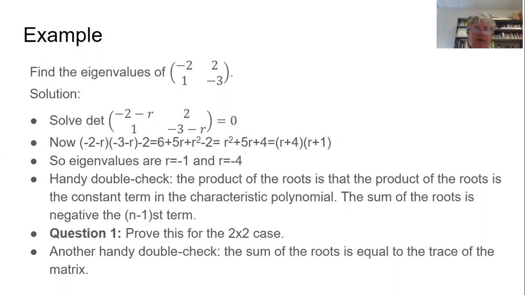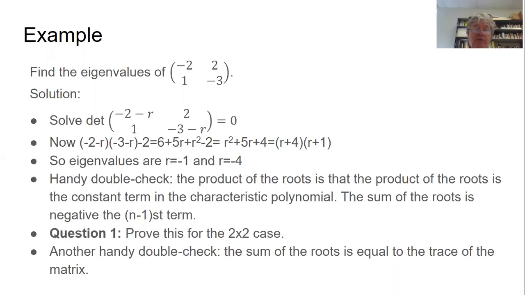Sometimes I've seen people make a mistake with the characteristic polynomial, and then that will screw up the rest of your problem, which is a big thing, right? Because that's the start of the problem. So there's a couple of double checks that you can do to make sure you've gotten the right answer.